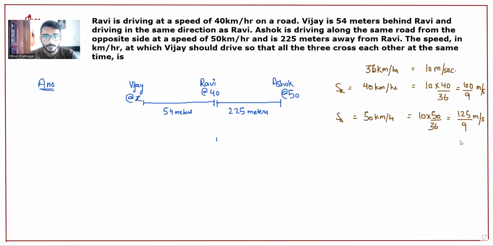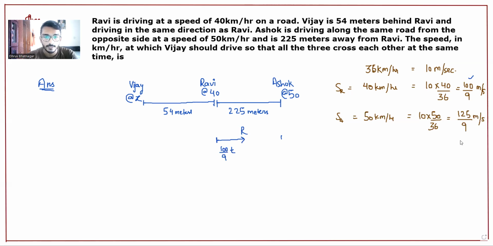Now, when they all meet together, in the same time they must have traveled some distances. If Ravi has traveled some distance in the time t, the distance traveled by Ravi in this direction would be speed multiplied by time. This is the distance traveled by Ravi.